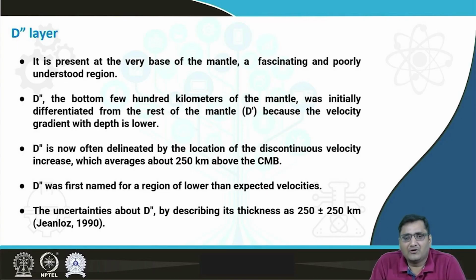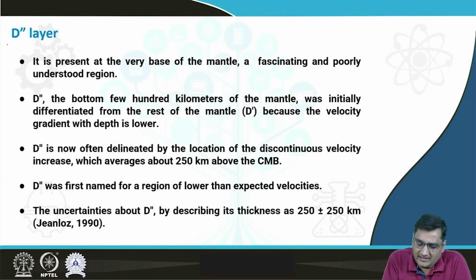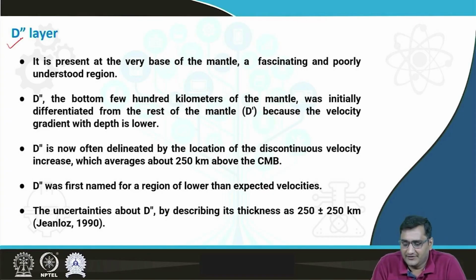Now let's talk about a very special feature that is present at the very base of the mantle, just above the core mantle boundary, that is known as the D double prime layer, and it is a fascinating and poorly understood region. The D double prime layer is present at the bottom few hundred kilometers of the mantle, and was initially differentiated from the rest of the mantle because the velocity gradient with depth is lower.